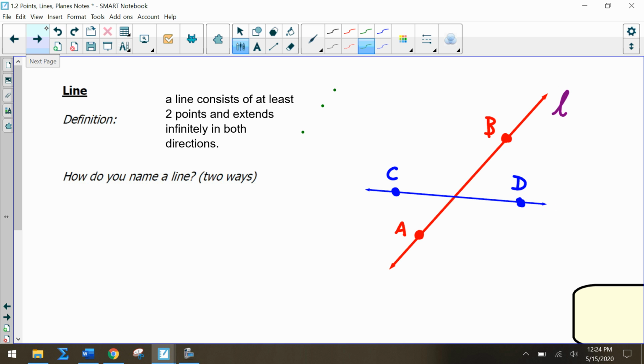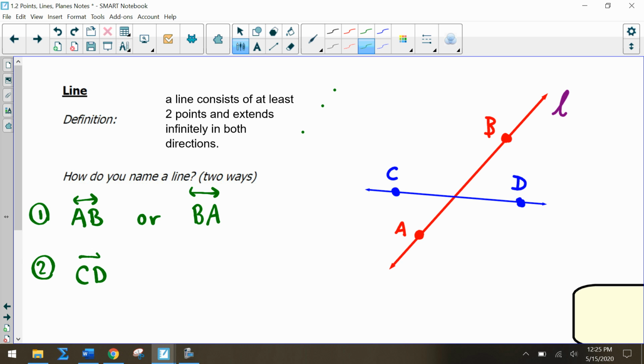To name these lines, if I wanted to name the red line, I would name 2 points on that line and then draw a small line directly above those points. So we would read this as line AB. Or you could write it as line BA. Now for the blue line, we could name it line CD with that line above it, or line DC.